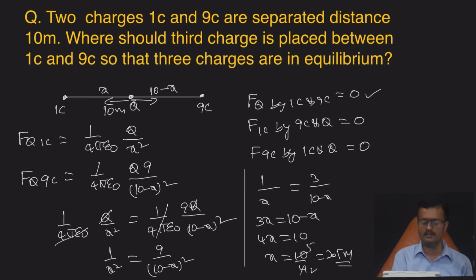So the third charge is placed at a distance of 2.5 meters from 1 coulomb. Similarly, the same third charge is placed 10 minus 2.5, that is 7.5 meters, from 9 coulomb.